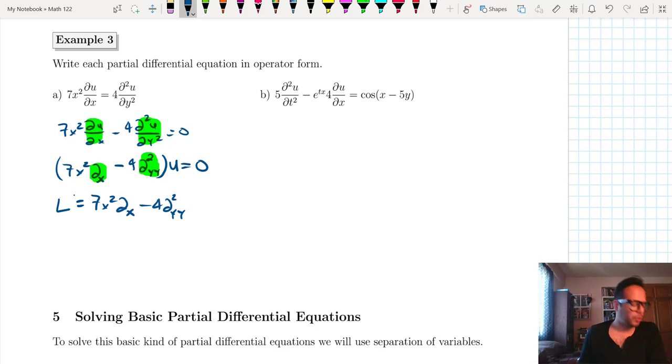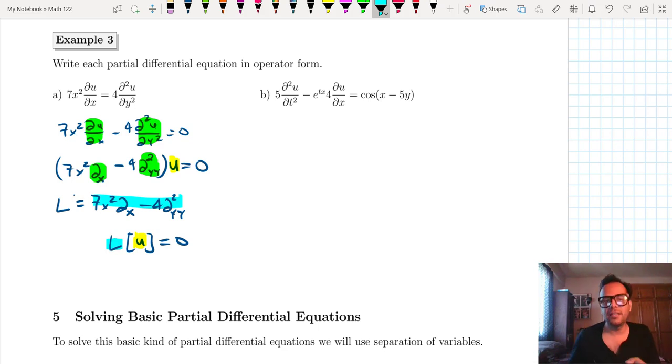And all we do is call this Lu equals 0, because this L is the operator that is acting on the function u. So this u is this u, and this L is all this sequence of operators acting on the function u that checks both sides of the equation.